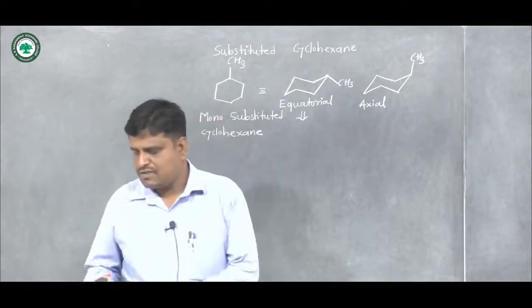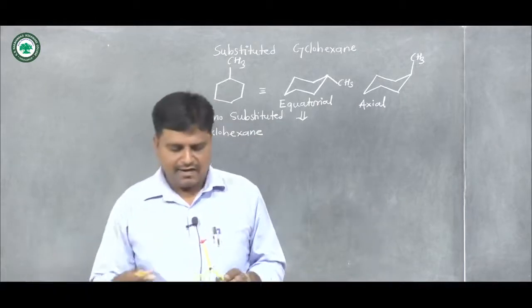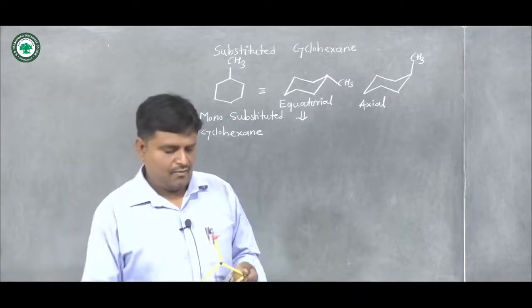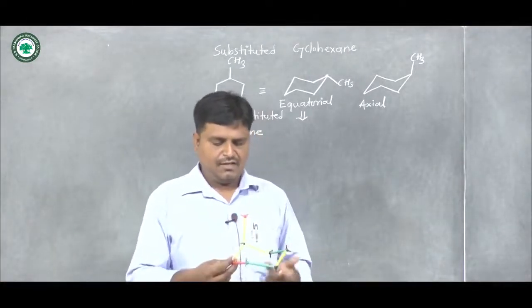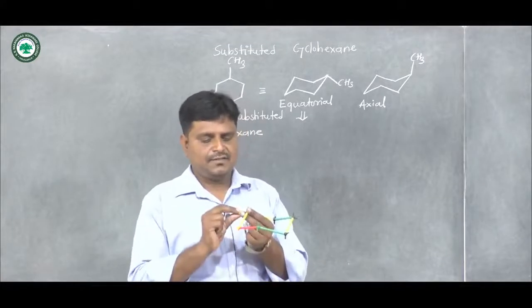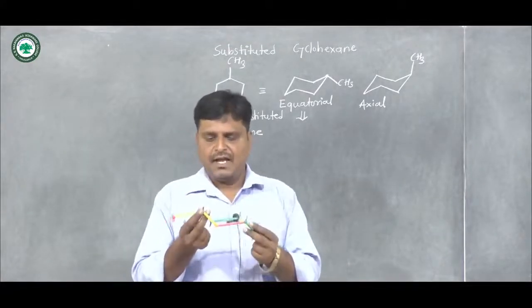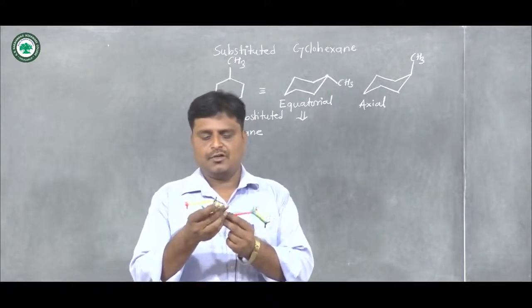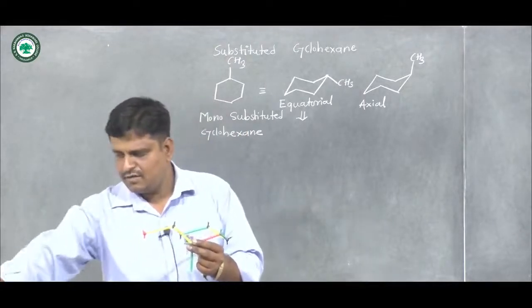Okay, so we try to understand this by using a ball and stick model. Here suppose the substituent is present at the equatorial position, and the hydrogens on the adjacent carbon atom are these ones.